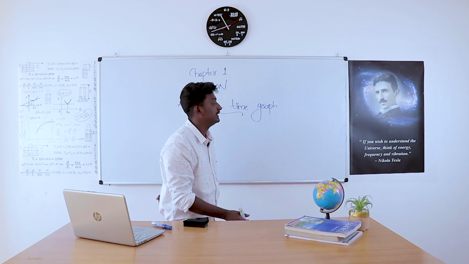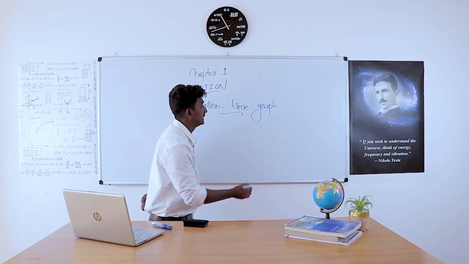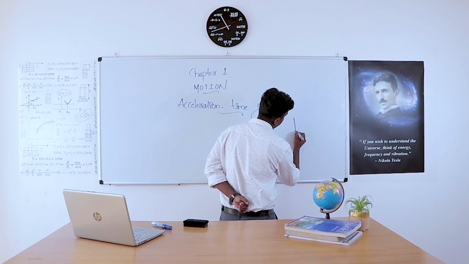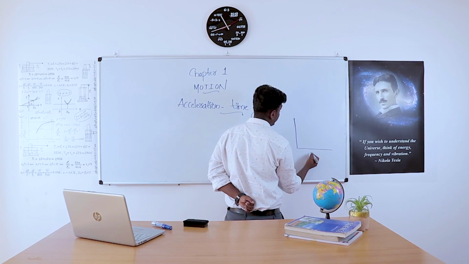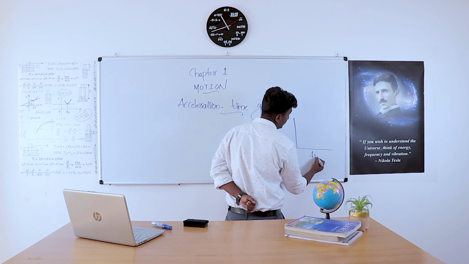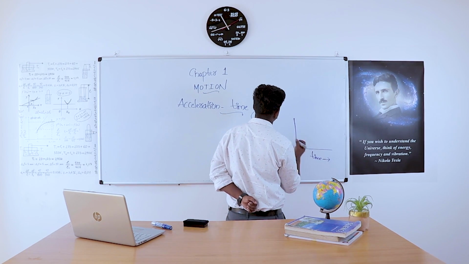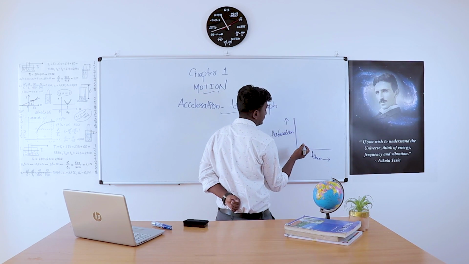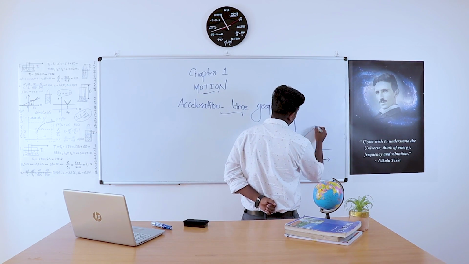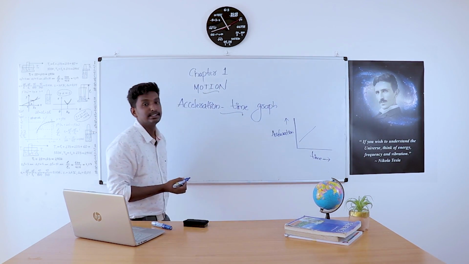Like what we have done in the position time graph and velocity time graph, if we plot a graph representing the reference quantity time on the x-axis and acceleration on the y-axis, then we get the acceleration time graph.